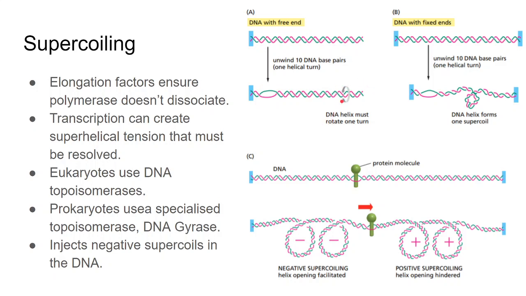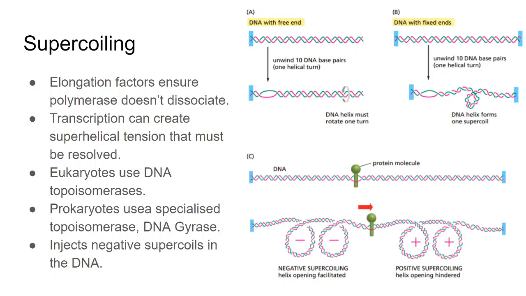But we don't have DNA with a free end. We have DNA with fixed ends. In prokaryotes, you have a circular DNA, so you have fixed ends. In eukaryotes, you have nucleosomes and really long stretches of DNA. Therefore, you can imagine such a tightly packed structure to have DNA with a fixed end.